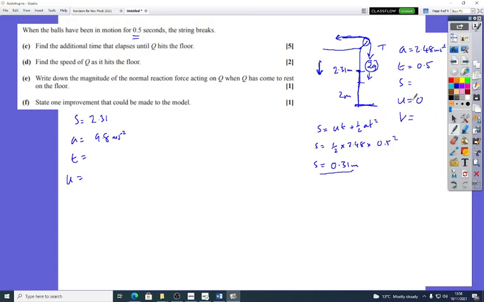I've got a, t, u, v, and also s, but I'm just going to use these figures here. I know that final speed is equal to initial speed plus at. So my final speed will be 0 plus time, a half second, times 2.48, which gives me 1.24 meters per second. So that's going to be my initial speed.